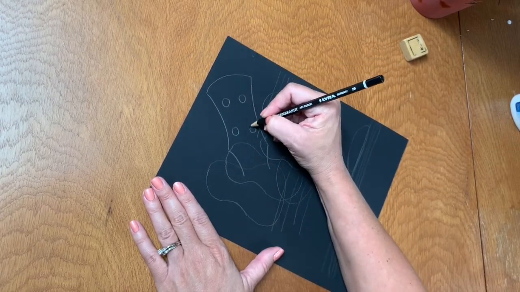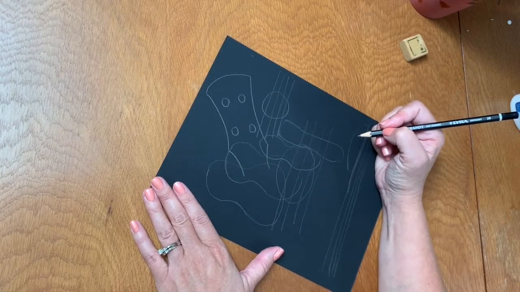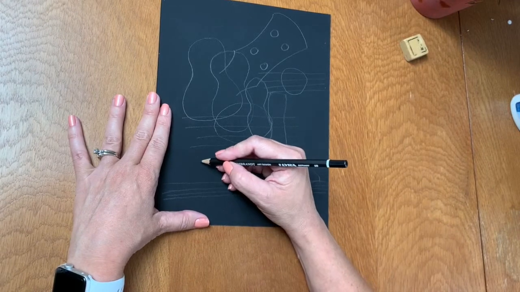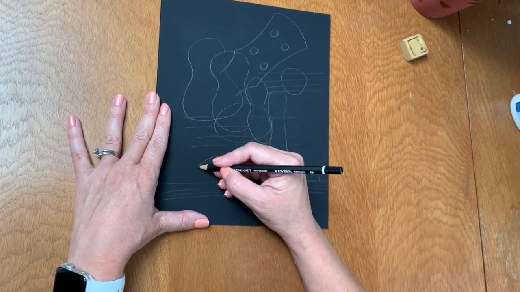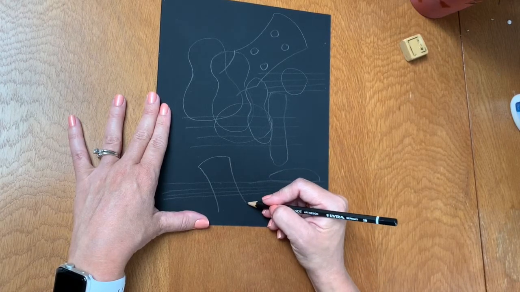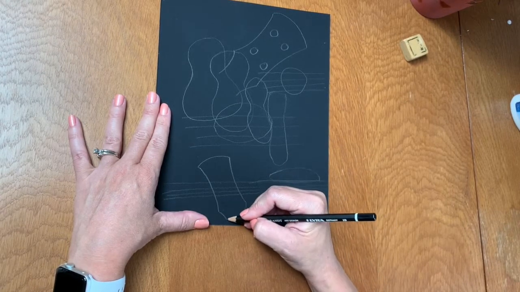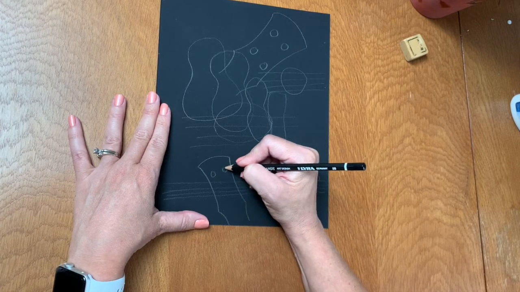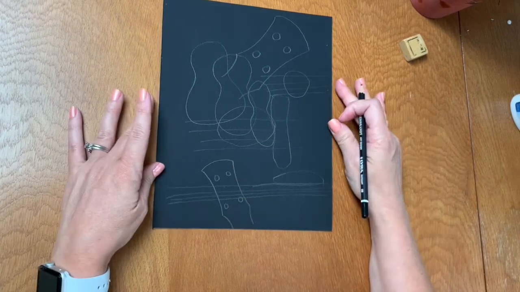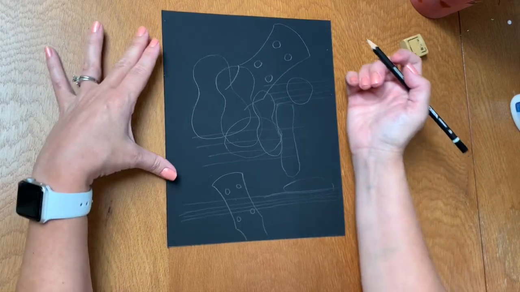I'm just going to keep my simple shape like that. And I'm going to actually repeat that shape down here with not too much changed, except it's just down on the bottom. Okay, so there is the beginning part of it.